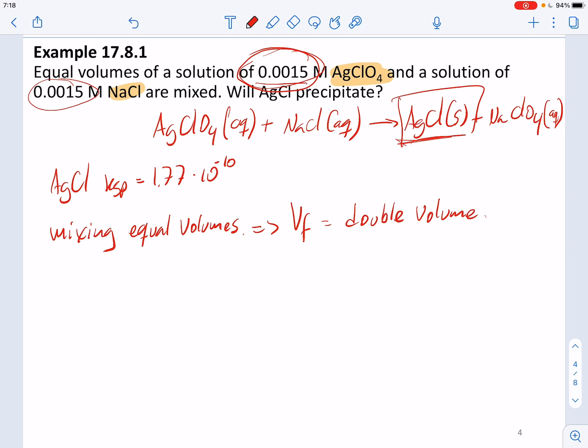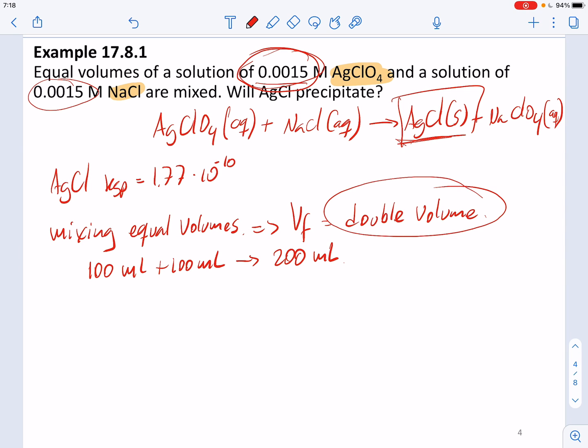Let's say you don't really need the correct number, but if you have 100 milliliters plus 100 milliliters, those are equal volumes, you end up with a final volume that is equal to 200 milliliters, right? So if you are doubling the volume, then the concentration, for example the concentration of silver perchlorate, the final concentration is going to be 1/2 of the initial concentration.